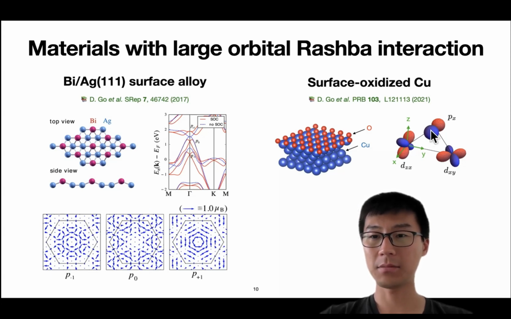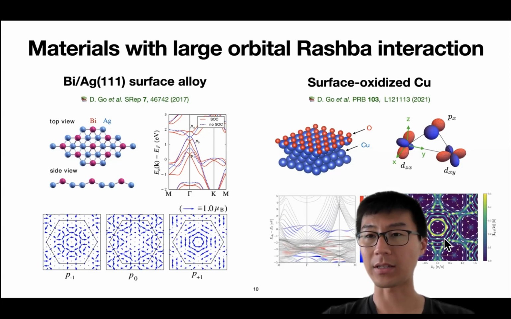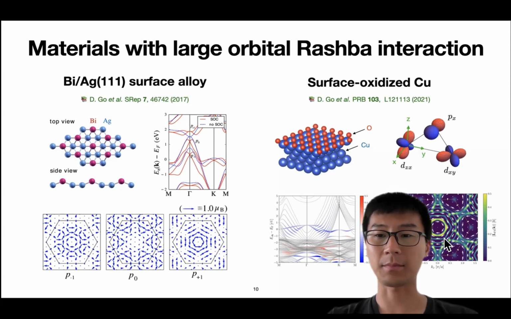And this process can also result in the Rashba interaction, and this can result in a very pronounced interfacial state between the oxygen and copper layer with very strong orbital angular momentum value and a very clear circular orbital texture at the Fermi surface. So orbital-Rashba interaction, in fact, can offer a very nice way to generate angular momentum at the surface. But for details, I'm going to explain more in part two.